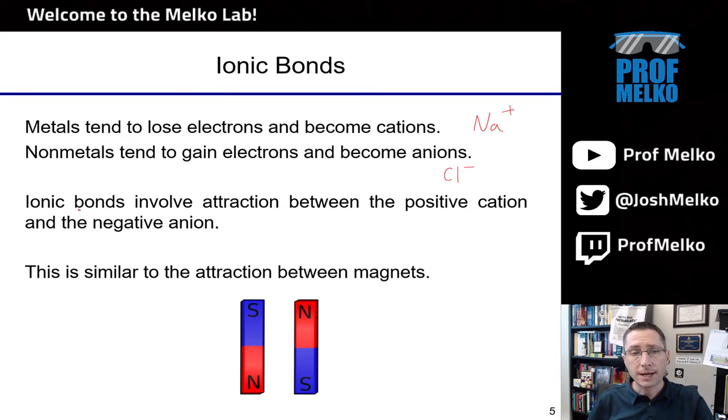So the bond that is formed is then this attraction between sodium plus and chlorine minus. Okay, and we can think of this attraction as the same as the attraction between magnets, right? These opposites attract, this positive charge and this negative charge. That is what forms the chemical bond.